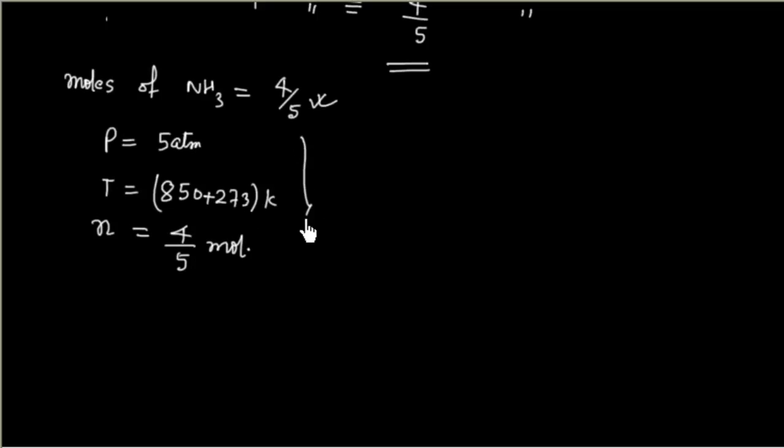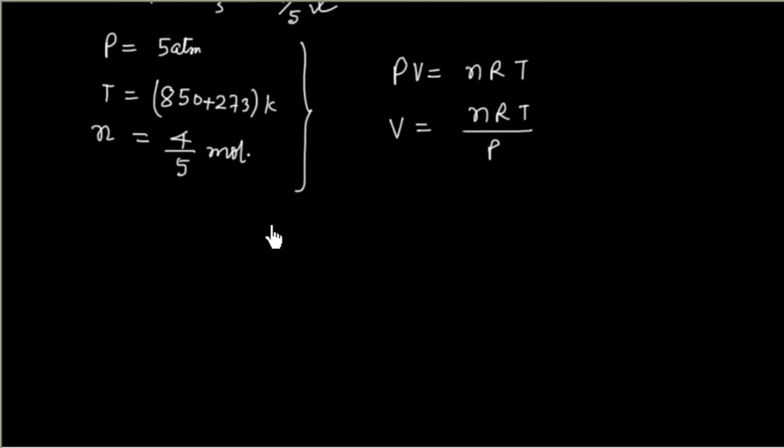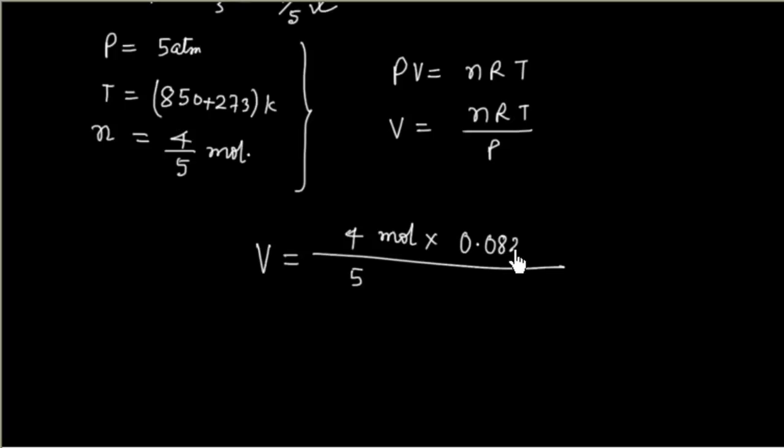We can use PV equals nRT. Pressure is given, so we have to solve for volume. Volume is nothing but nRT divided by P. So we plug in these values. V equals n, which is 4 by 5 mole, R is 0.082 liter atmospheric pressure mole minus 1 Kelvin minus 1, so mole and Kelvin go into the denominator.